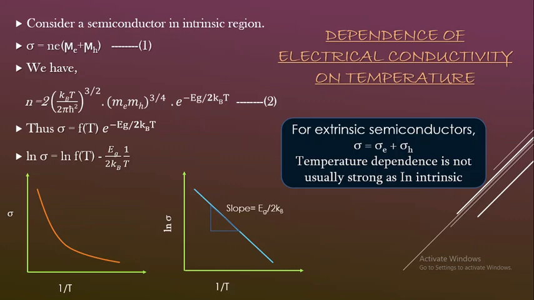So you can mainly observe the temperature dependence in the intrinsic region when compared to the extrinsic region. For the extrinsic region, the main factor deciding the electrical conductivity is the impurity concentration and not the temperature. Temperature dependence will be there, but it is comparatively less when compared to the influence of the concentration of impurities. When you consider intrinsic semiconductors, the temperature dependence is very pronounced.